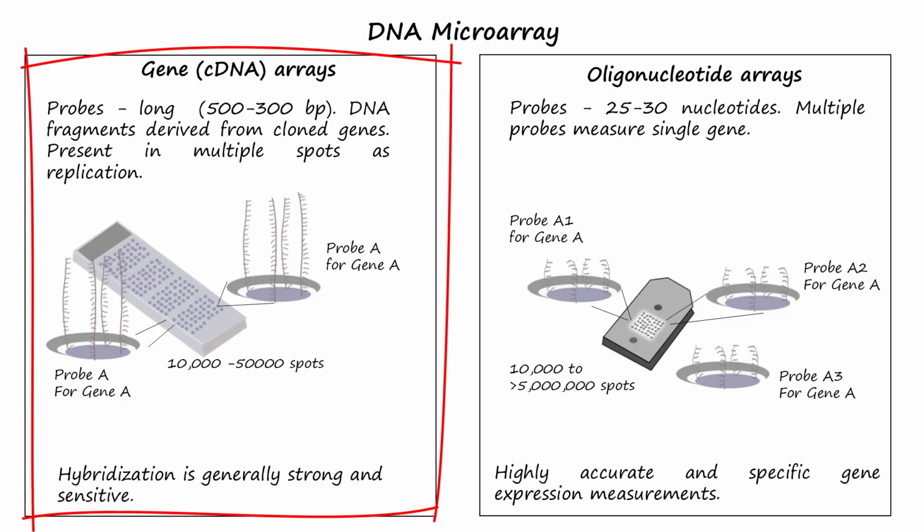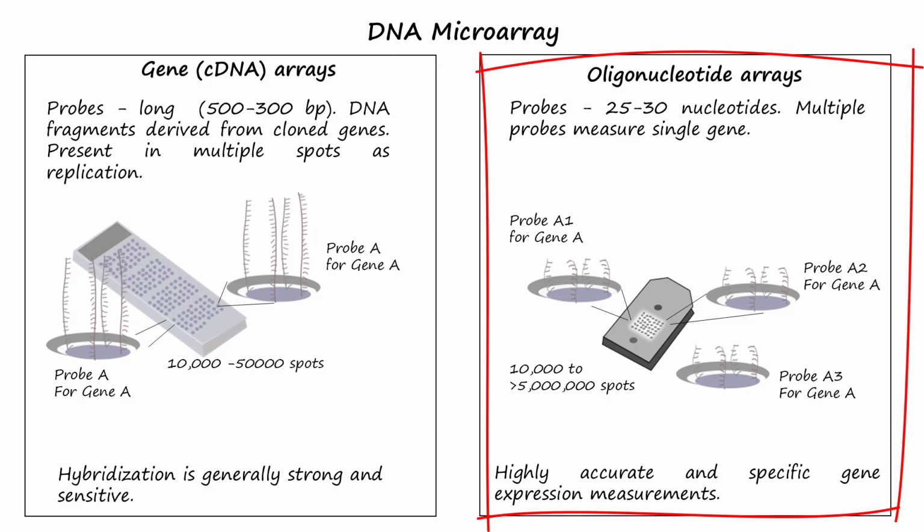cDNA arrays contain relatively long DNA fragments derived from cloned genes, producing strong and sensitive hybridization signals. For reliability, the same cDNA probe is often replicated at multiple spots on the array. In contrast, oligonucleotide arrays contain short synthetic DNA probes, typically 20 to 70 nucleotides long.